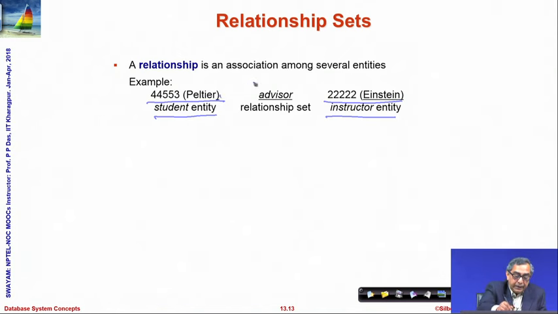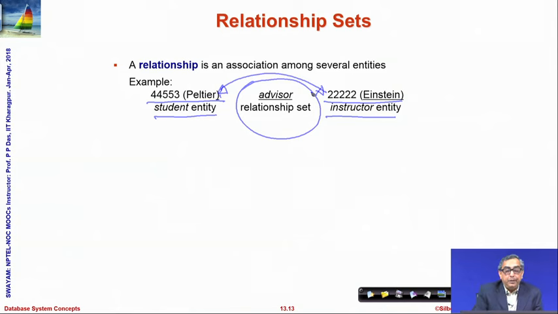Advisor is a relationship set which relates these two. If I say advisor relates 4 5 5 3 to 2 2 2 2 2, what I mean is that the student Peltier is advised by the instructor Einstein.